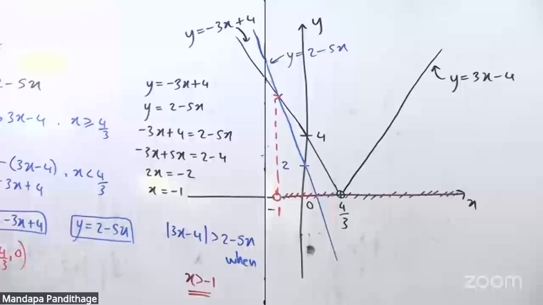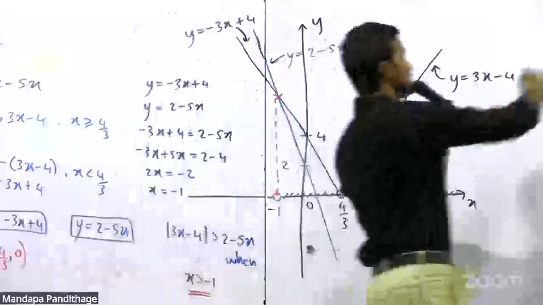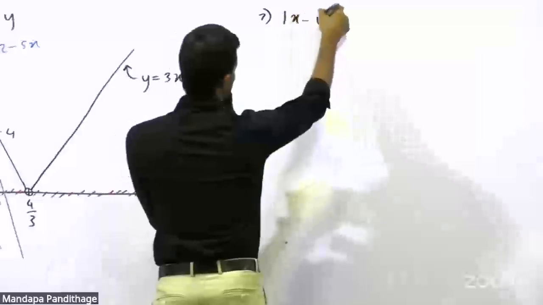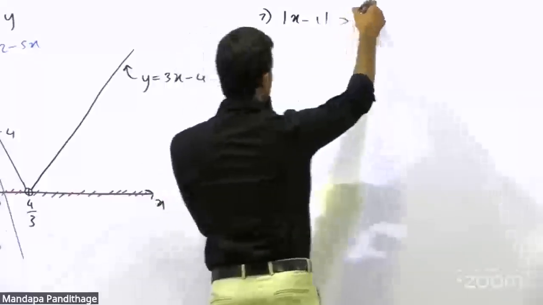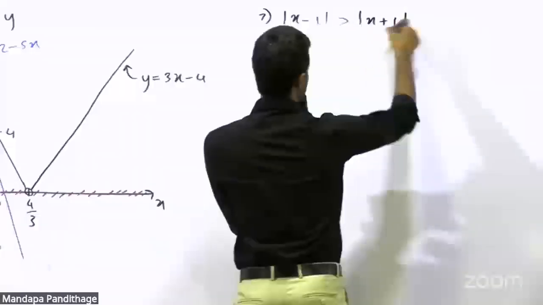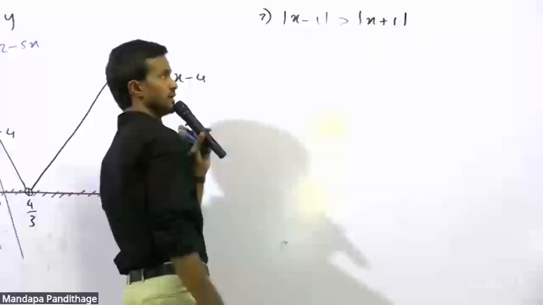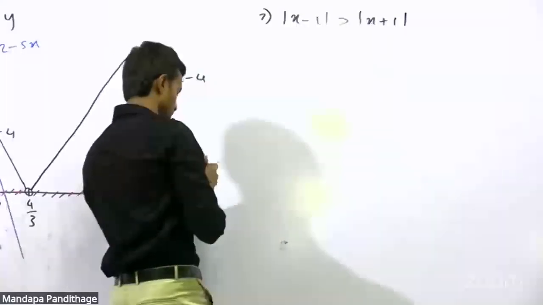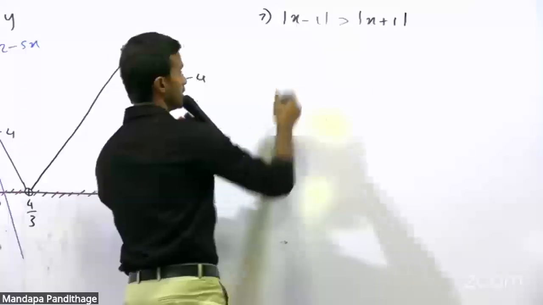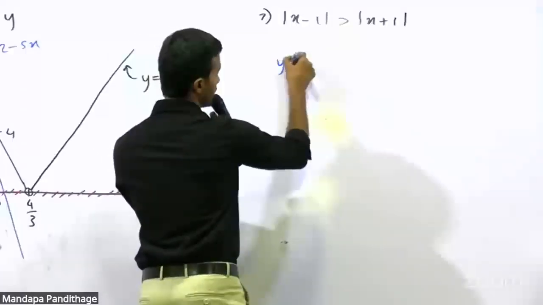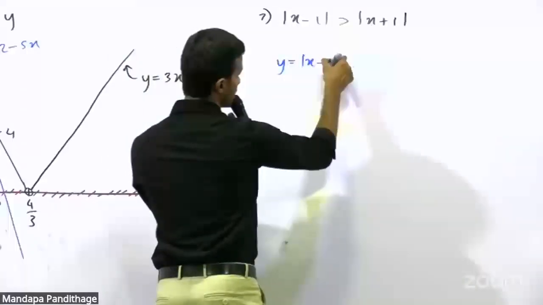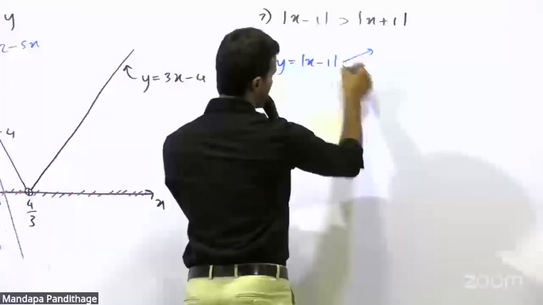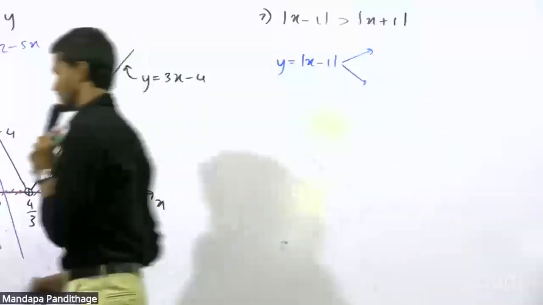Okay, so question number 7. What you're supposed to do is solve the inequality that the modulus of x minus 1 is greater than the modulus of x plus 1. So when you consider the definitions of the modulus functions, you have y equals this.